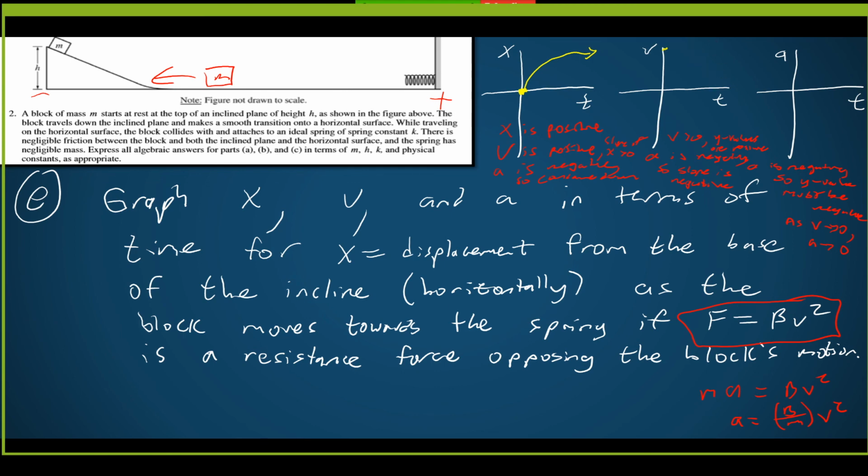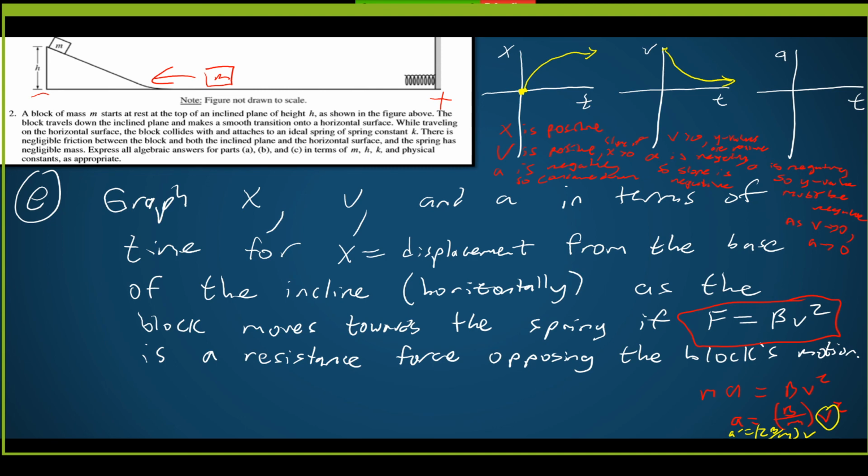Okay, so putting that all together, my y value is positive because my velocity is positive. My slope is negative because my acceleration is negative. And I'm concave up because my velocity is positive and my derivative of a would be 2b over m times v, which would be positive. So my graph will look something like this.